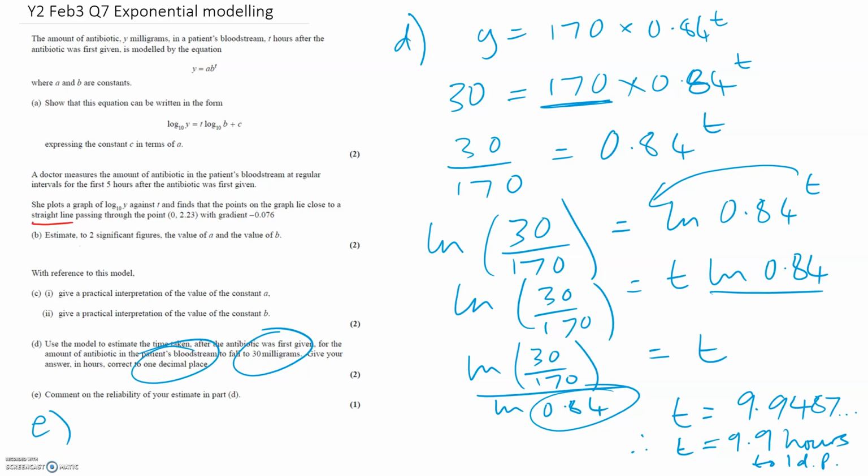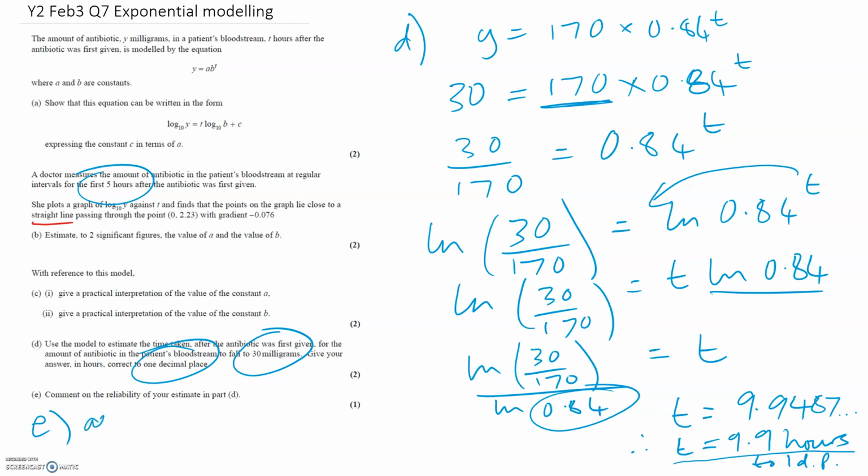Okay, in E you've got to comment on the reliability of your estimate in part D. The key to part E is to realize that in this experiment all the data was taken from 0 to 5 hours, the first 5 hours, whereas the prediction you've just found is 9.9 hours, which is way beyond the experimental time period. So I think the best way to answer this is to say it's going to be unreliable.